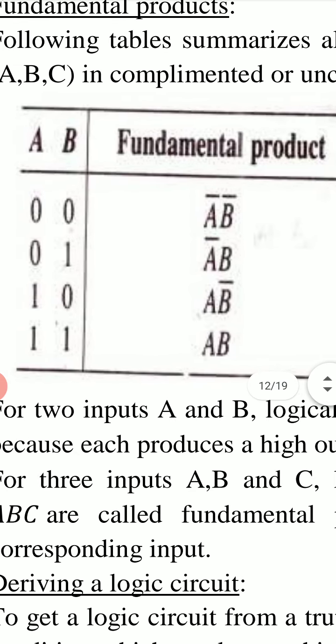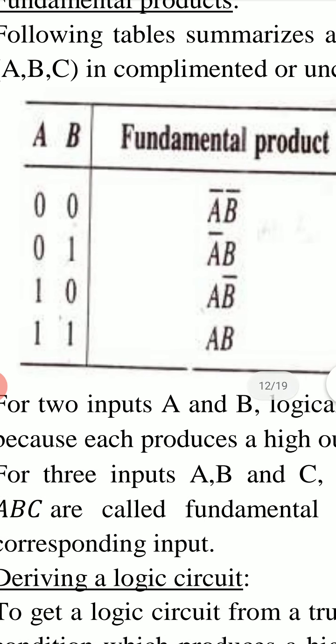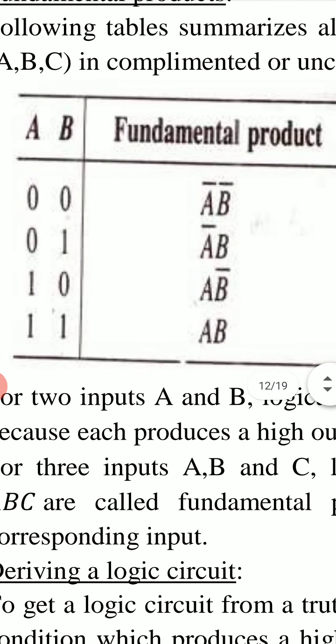Now we see what the fundamental products are. The fundamental product for the first combination, in which A is 0 and B is 0, is A bar B bar. This fundamental product is such that it will produce high output.